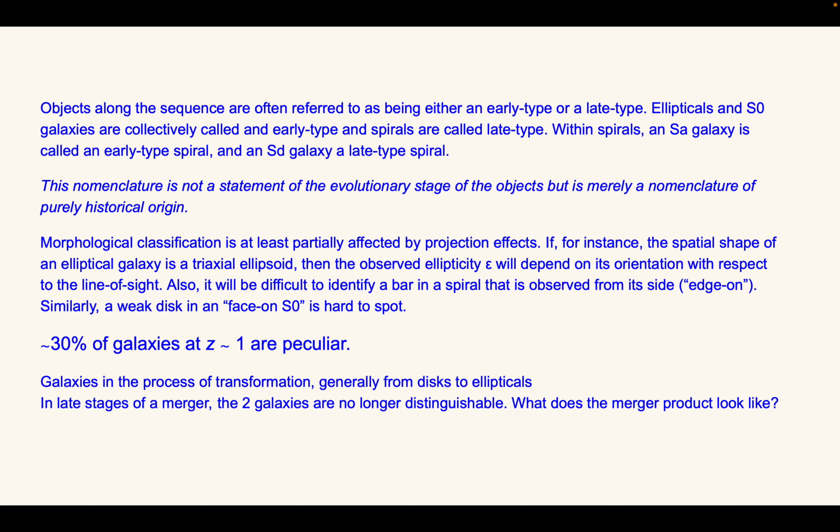Elliptical and S0 type galaxies are called early type galaxies, maybe in that sense we give the name, or there may be other senses, but this is commonly a historical origin. Ellipticals and S0 types are called early type galaxies, and the galaxies with arms are called late type galaxies. Within spirals, the A type is called the early type spiral galaxy, and SD is called the late type spiral galaxy.